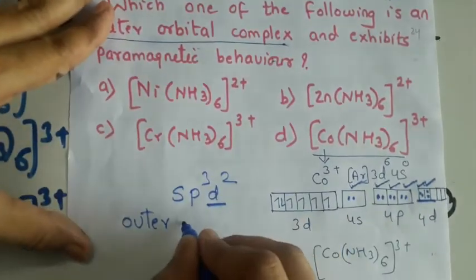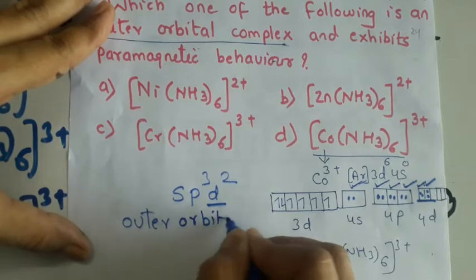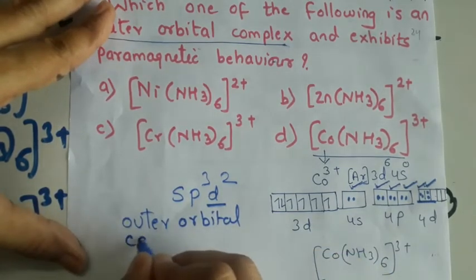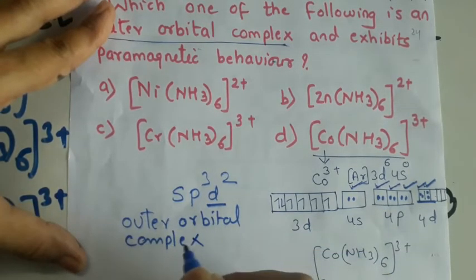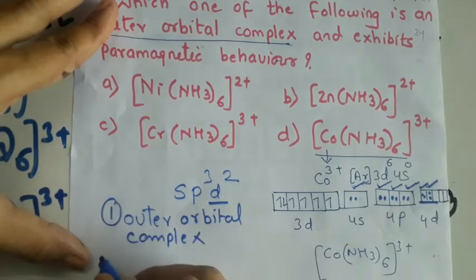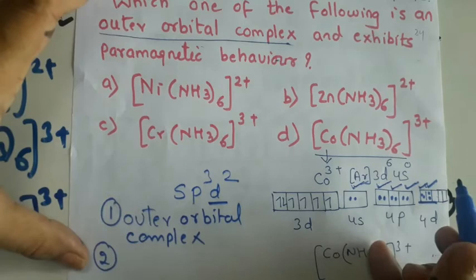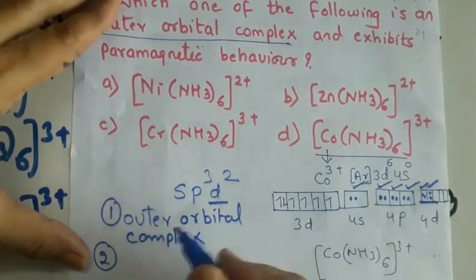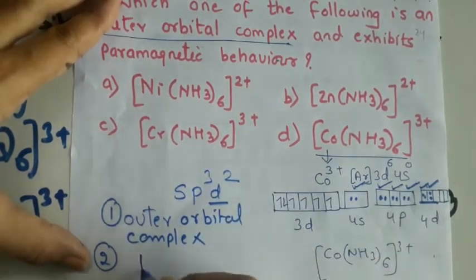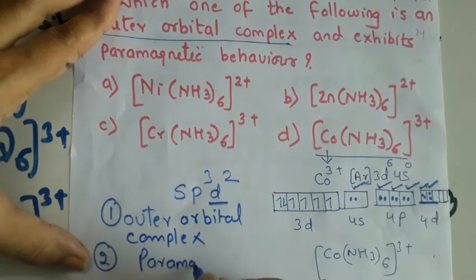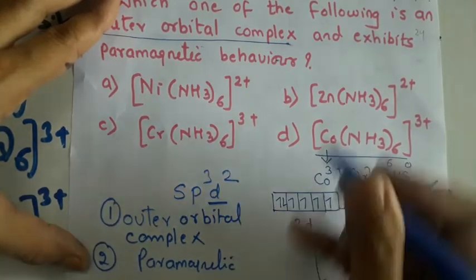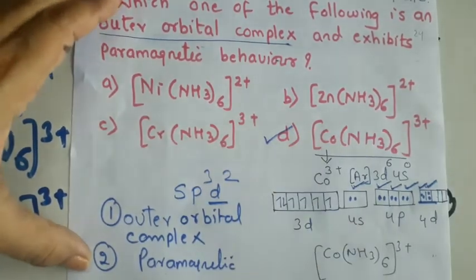So it is an outer orbital complex, the first condition. Second condition, they are asking whether it is paramagnetic or not. Yes, it is going to be paramagnetic because there are unpaired electrons. So the correct answer for this question is option D.